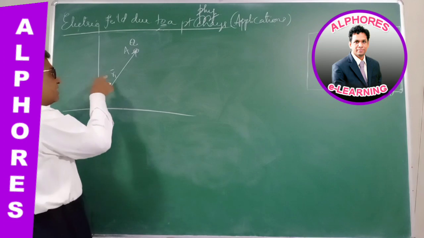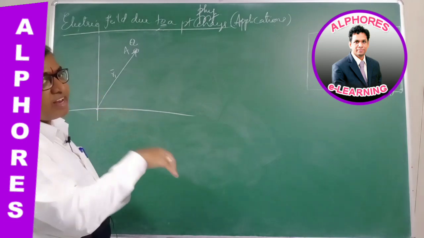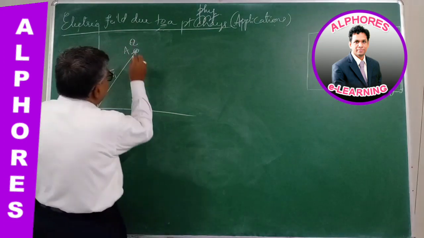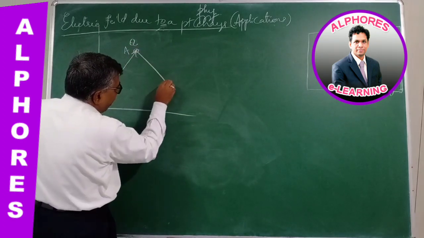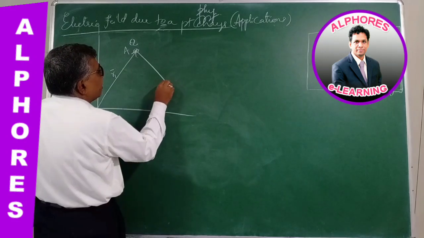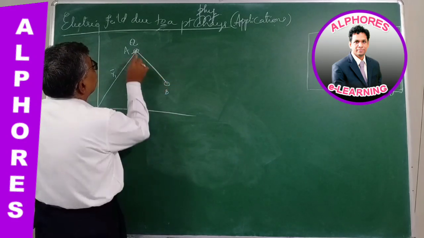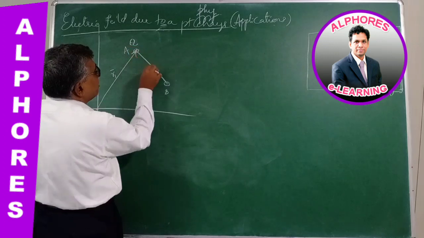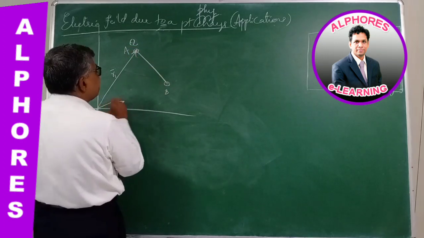Now we are asked to find the electric field due to this charge at a point P. Let the point be B like this.